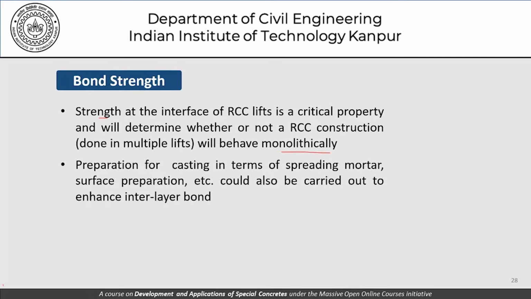And preparation for casting in terms of spreading mortar, surface preparation, and so on could also be carried out to enhance the interlayer bond. So this discussion as far as spreading mortar is concerned, or any other surface preparation and removal of laitance, spreading some kind of an adhesive, these discussions are more or less similar to what we do in the case of normal concrete.